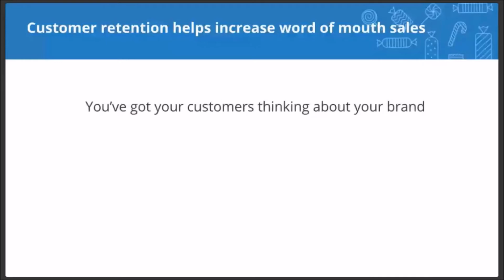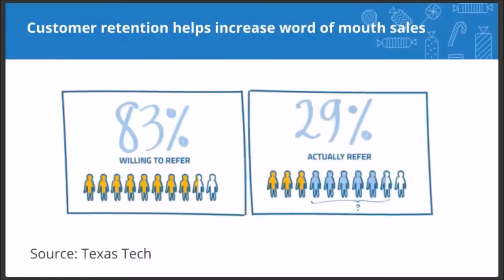there's something you need to keep in mind: if you run a survey within your customer base, about 80% will probably say, yeah, I'm willing to refer, if you ask them, hey, will you recommend us to your friends and family? About 83%, this is a study by Texas Tech, would say, oh yeah, I would obviously recommend you to my friends, my family and coworkers. But when you put this into practice, only about 30% of them will actually refer.